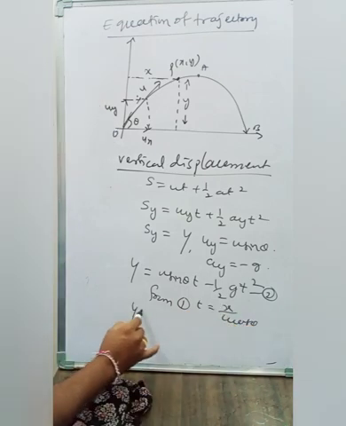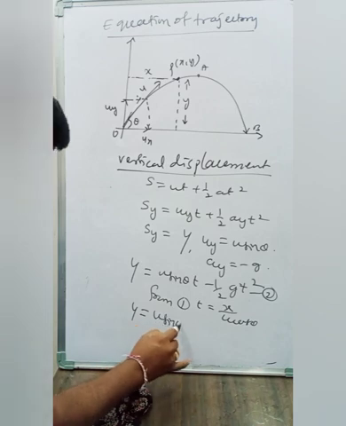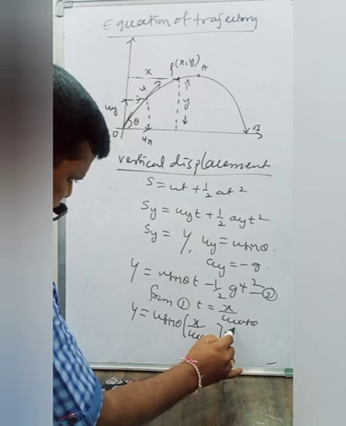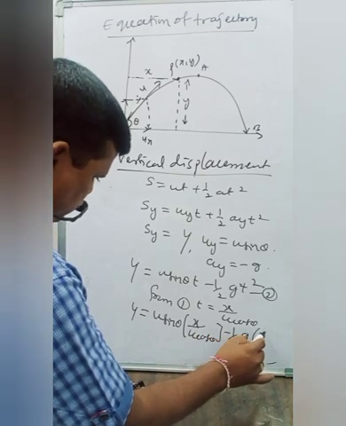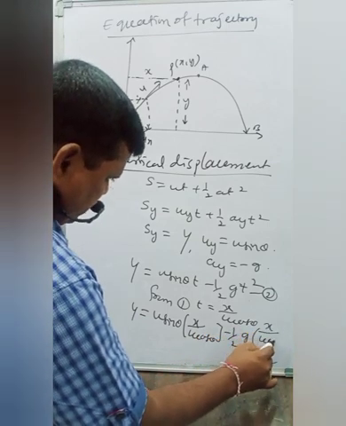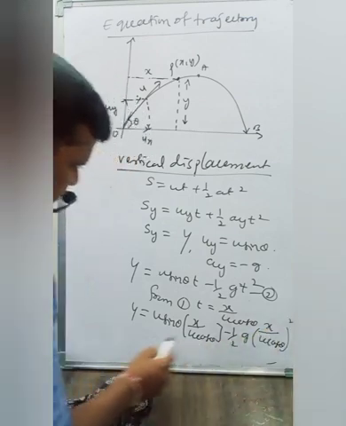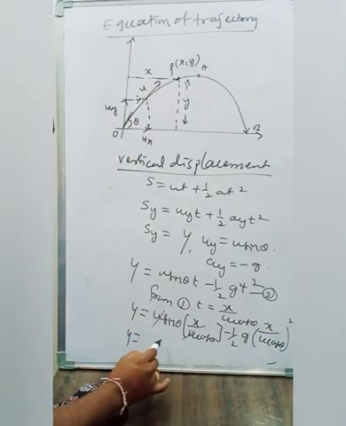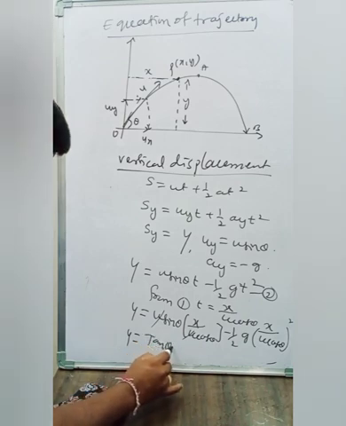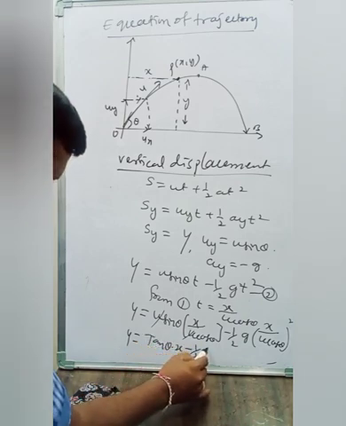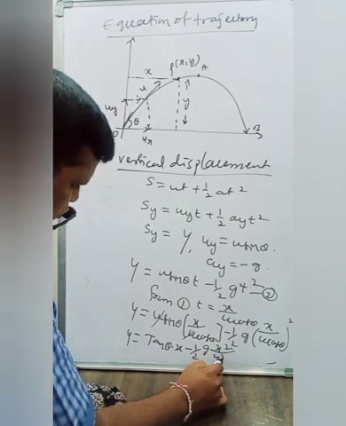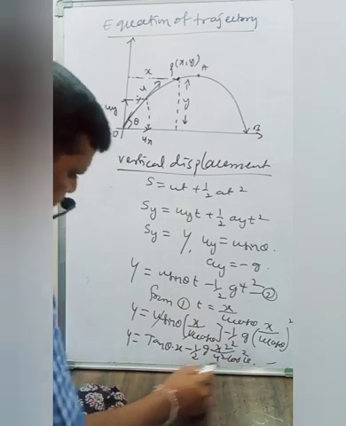Substituting in the above equation, y = u sin θ × x / (u cos θ) − ½ g (x / (u cos θ))². Therefore y = tan θ · x − g x² / (2u² cos² θ), where u gets cancelled and sin θ / cos θ is tan θ.